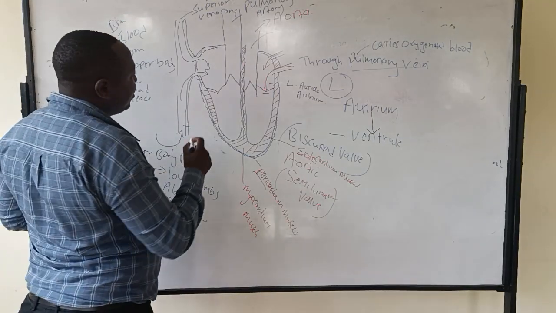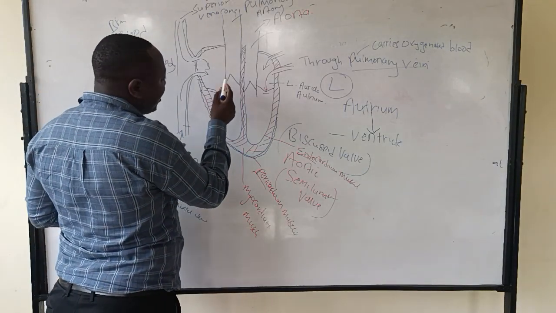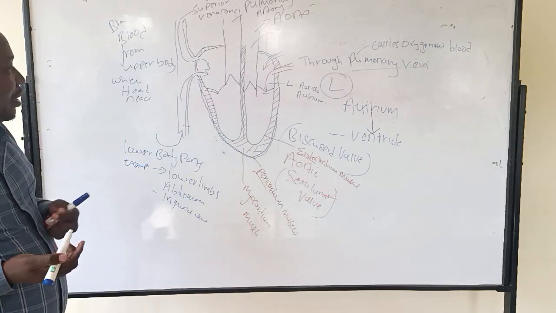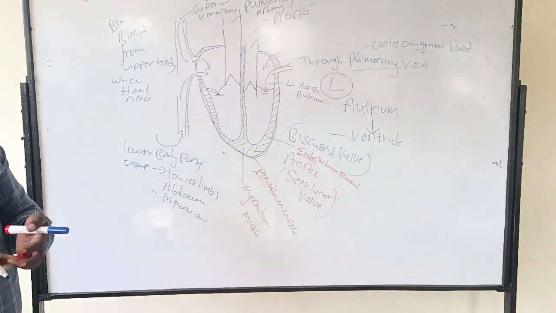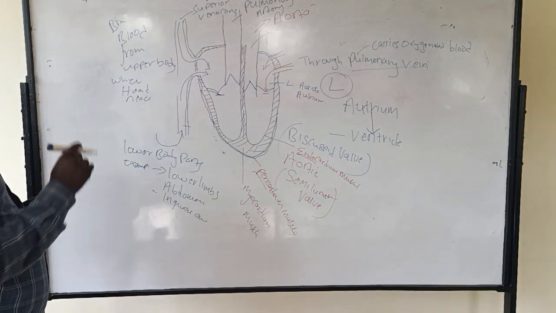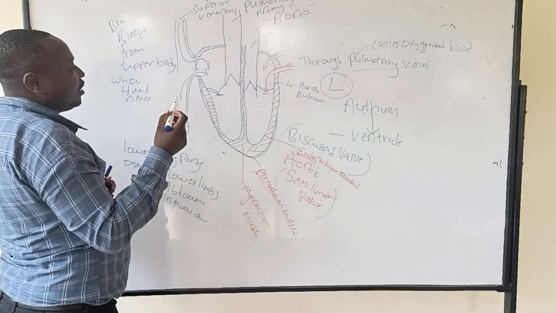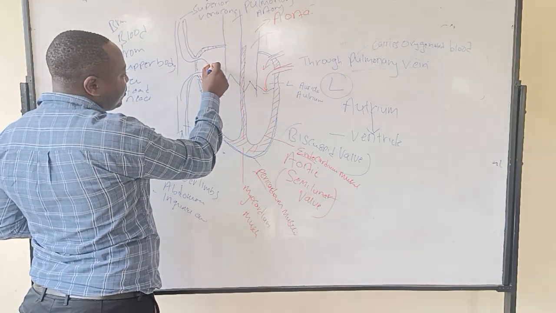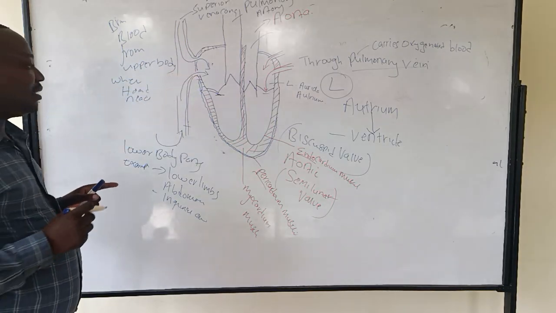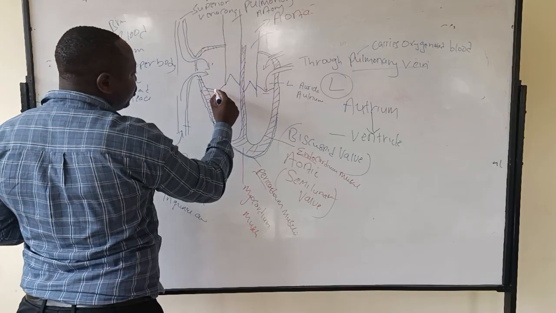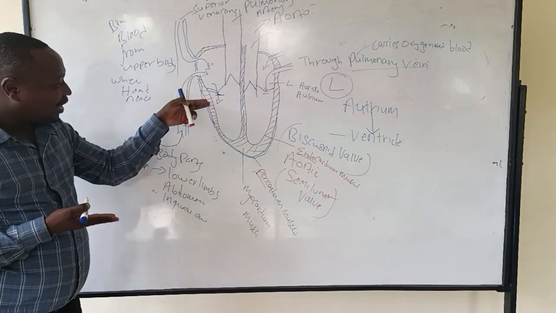When the blood gets into the right atrium, it will be held together there. Remember, we have the tricuspid valve, which holds the blood so that it remains in the right atrium. But when we have the contraction, the depolarization of the right atrium, it forces this blood to move downwards, forcing the valve to open.